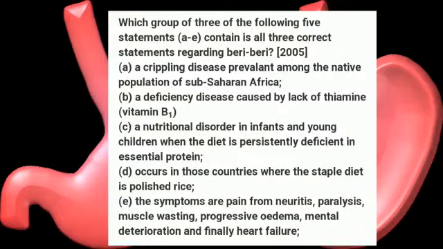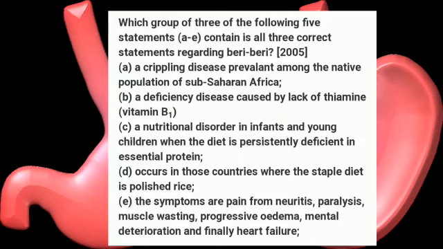The next question is: which group of three of the following five statements, A to E, contains all three correct statements regarding beriberi? In these statements we can see the symptoms of beriberi, and one option is correct, containing a group of three statements.